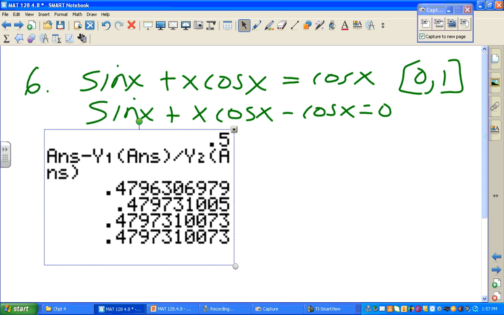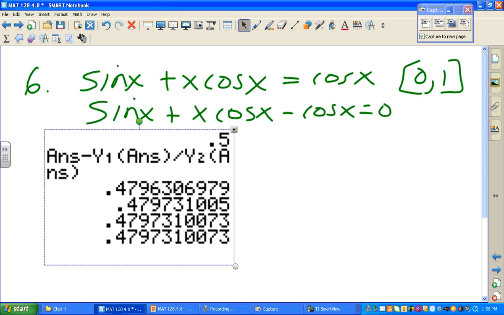Sine of x. In derivatives, sine of x, but it's only using y2. It must have been close. Comma x, comma x.